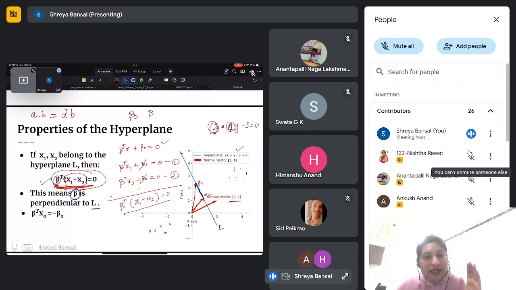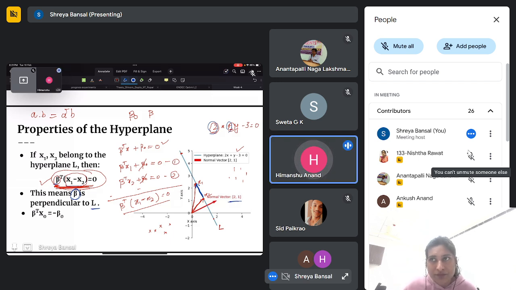So these beta vectors will always be perpendicular to the hyperplane. Generally, it cannot happen that beta or x1 minus x2 is 0. Just think about it: if beta is 0, it means there is no line. So it's not a case which we will get.